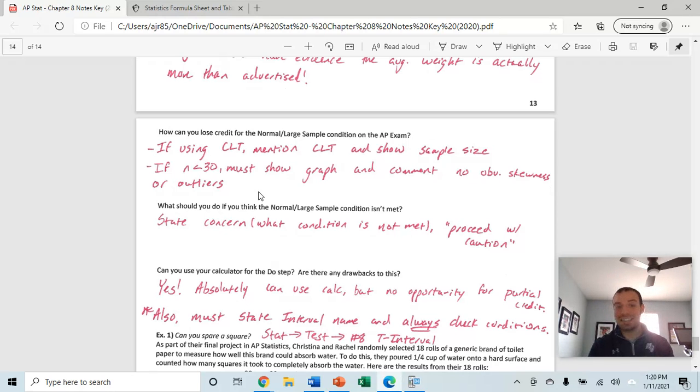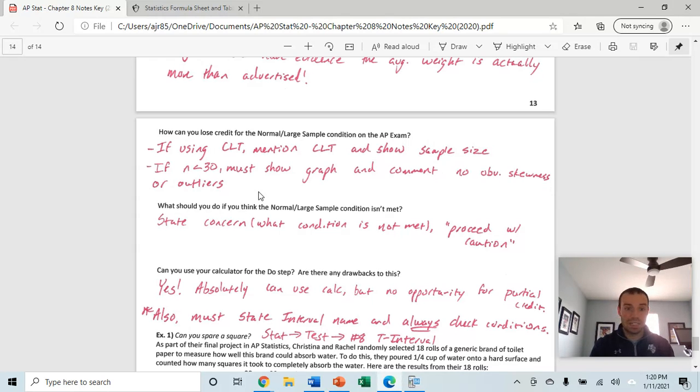If n is not greater than or equal to 30, it's less than 30, you must show the graph and comment that there's no obvious skewness or outliers in that sample data. If you can see that the normal or the large sample condition is not met, you want to make comment about that as to why it's not met, but then you may proceed with caution to continue the problem.